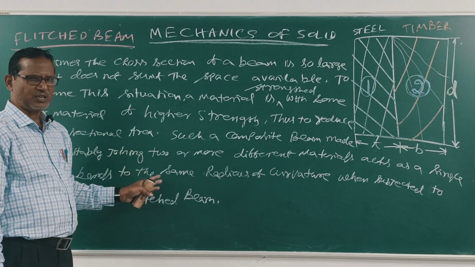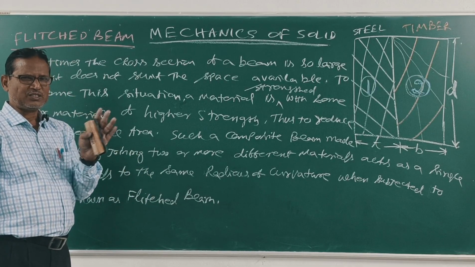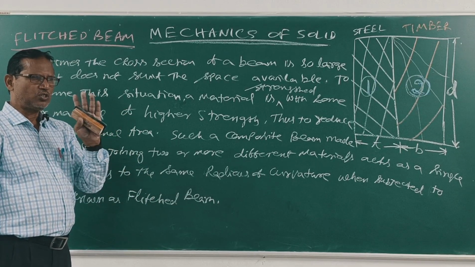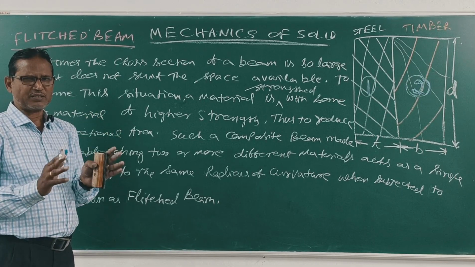Such a beam is known as a composite beam. The total moment of resistance in such cases is equal to the sum of the moments of resistance of the different materials. Clear?